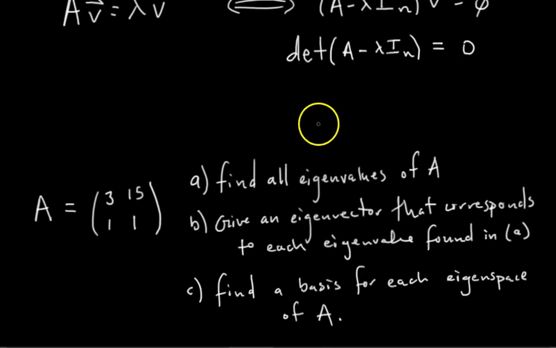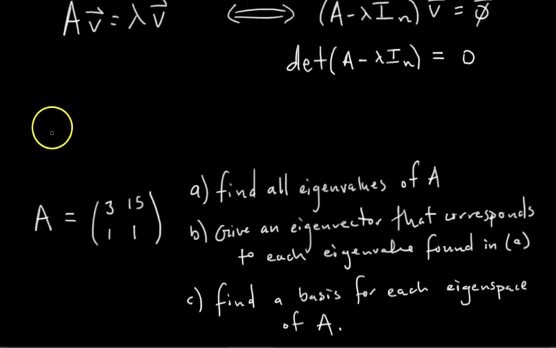So then let's do that. What is A minus lambda I_n for this A? First of all, what is n? Well, these matrices A and lambda I_n have to be the same exact dimension because you're subtracting them. So this I has to be I_2, the 2 by 2 identity matrix. So let's plug in.